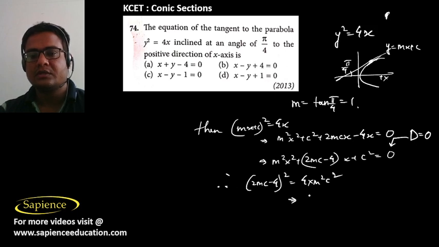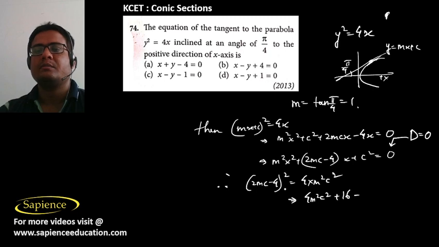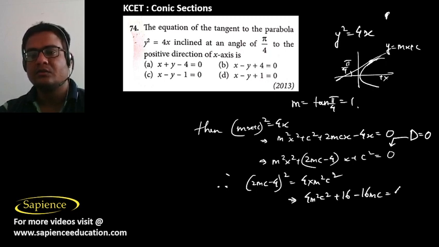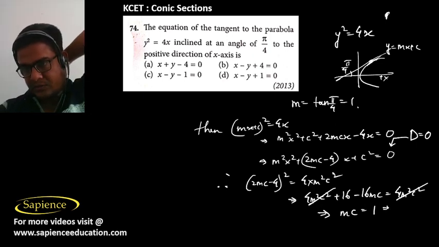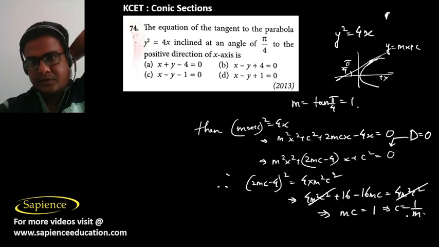If we square it, we get 4m square c square plus 16 minus 16mc, that is equal to 4m square c square. These two 4m square c square will get cancelled. So we can say that mc will be equal to 1. So c equal to 1 by m.